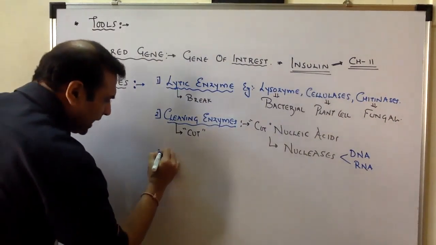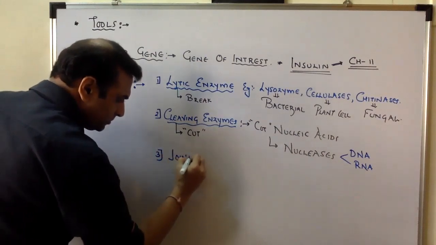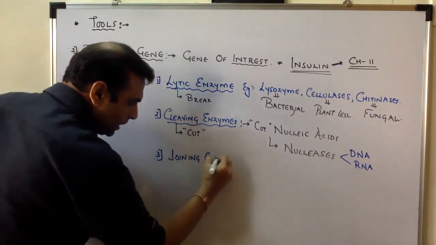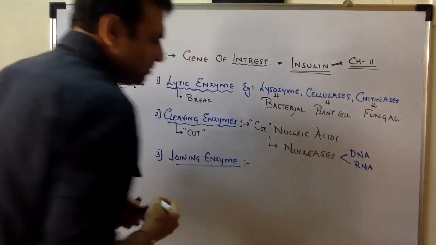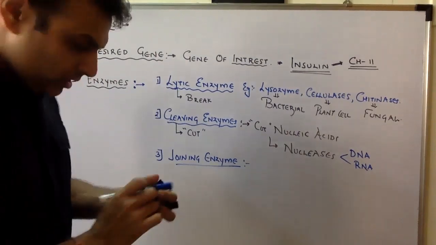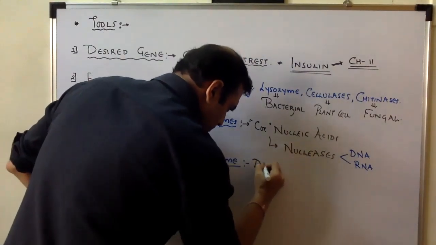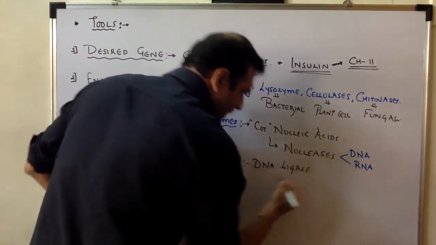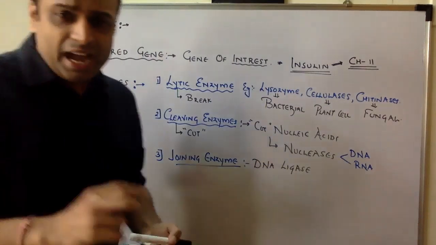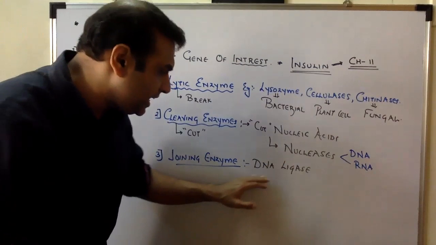My third enzyme is called joining enzyme. Definitely one enzyme comes to our mind immediately, and that is DNA ligase. If you remember replication of DNA, we had joined the Okazaki fragments by using DNA ligase.